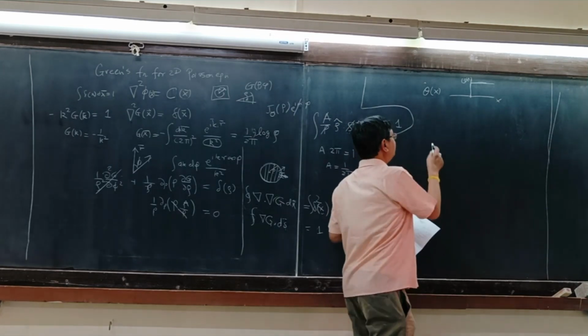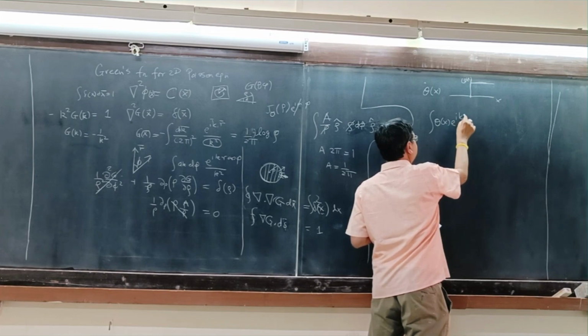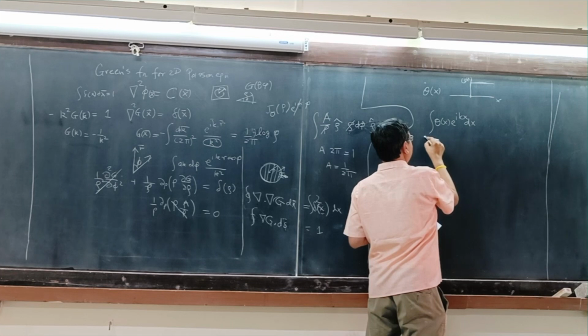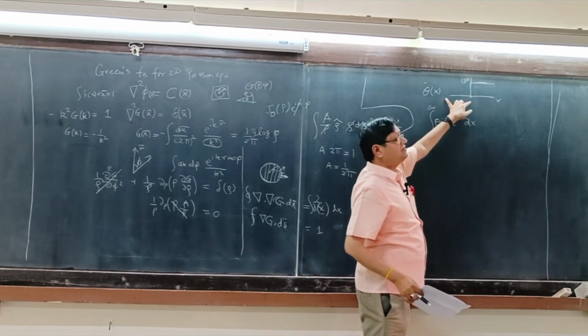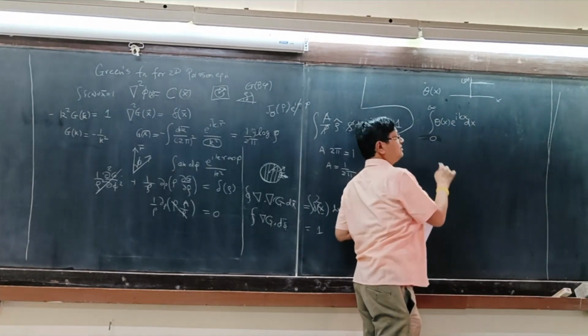I've done this in class, in fact it's straightforward. The integral of theta x e power i kx dx is my Fourier transform. It goes from minus infinity to plus infinity, but this part is 0, so you can simply do from 0 to infinity.